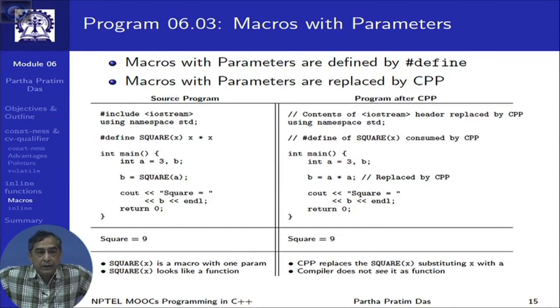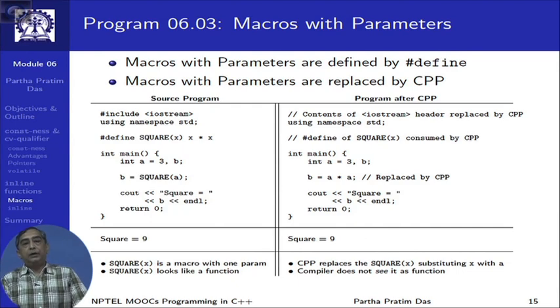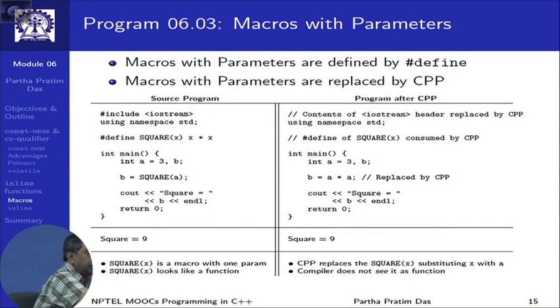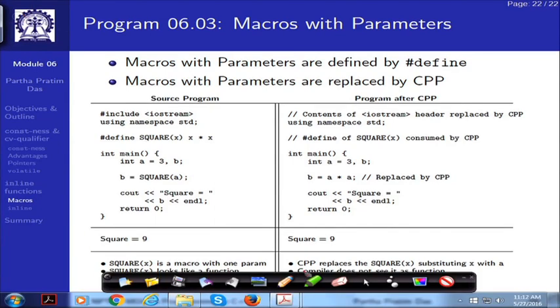Okay. Let us now move on and talk about a different kind of use for hash define, which is again processed by the C preprocessor. We call them macros. The difference being that we still define them with hash define, we have a name, but the main thing is we now have a parameter into this. So, what happens is when I use it with a parameter, we are saying that square is the defined name, and I am putting a parameter a to it.